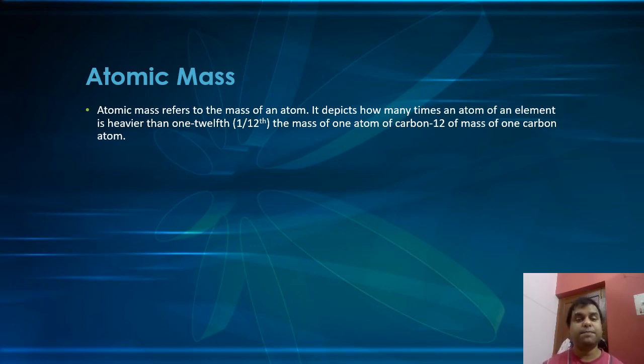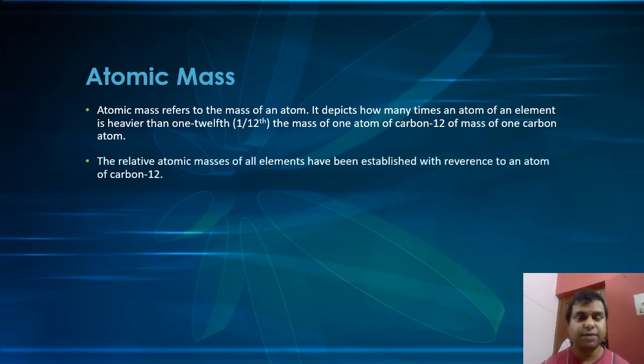So whenever we look at an atomic mass, we actually compare it with 1/12 the mass of one atom of carbon. Remember, carbon has a mass of 12 grams. That is how we measure the atomic mass of any element.